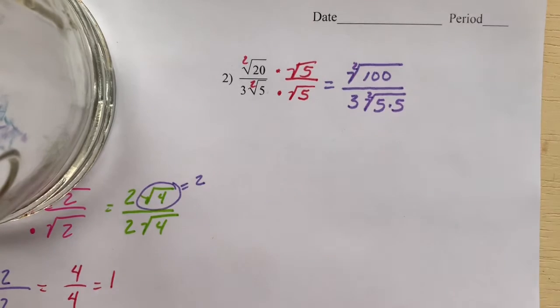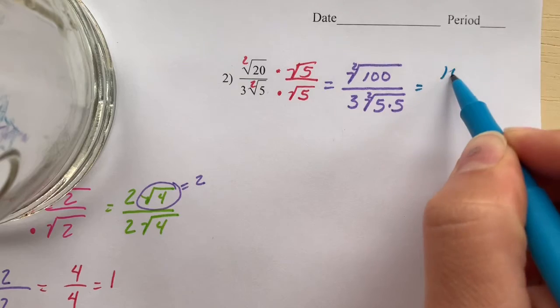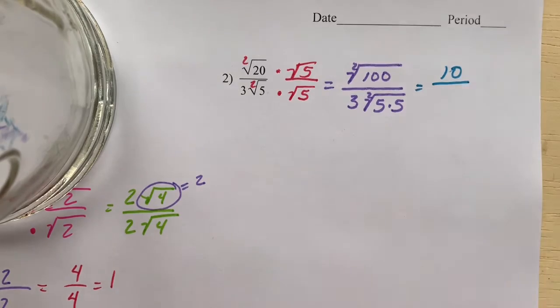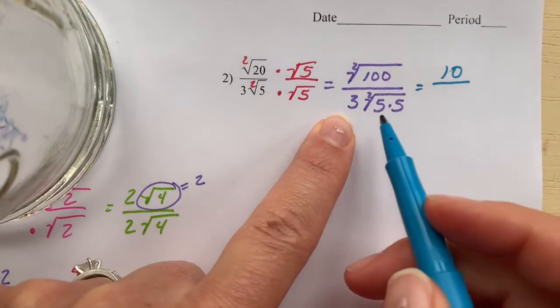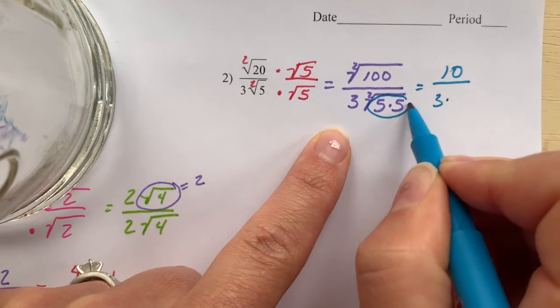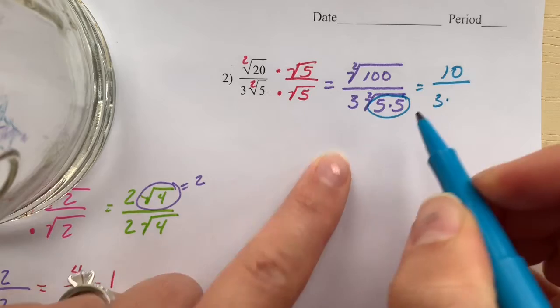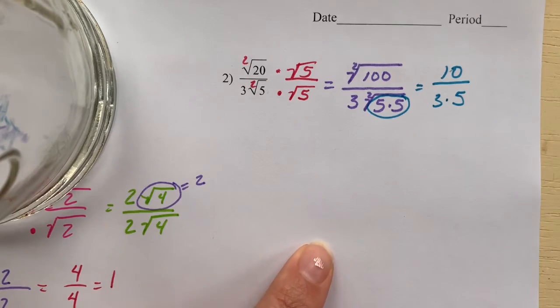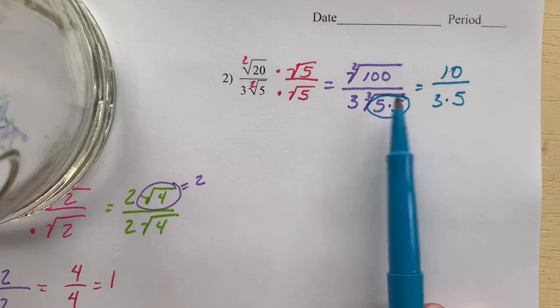Remember, there's a little 2 there, even if it's not shown. So the square root of 100, you should know, is 10 over, this is 3 times, I have 2, I can circle that, 2 5's. So my 5's got to break out of jail.